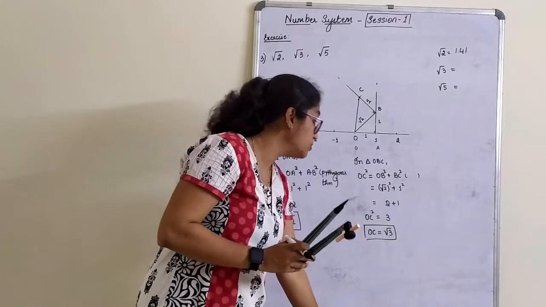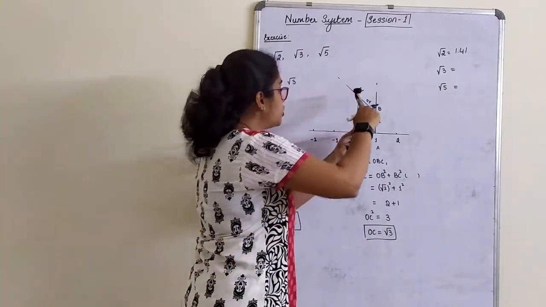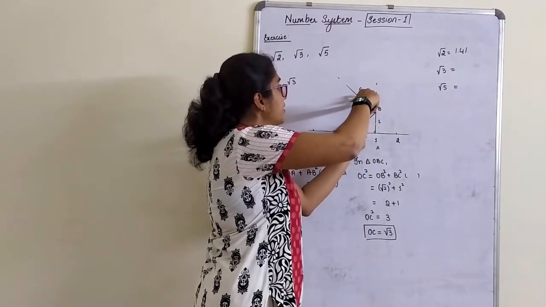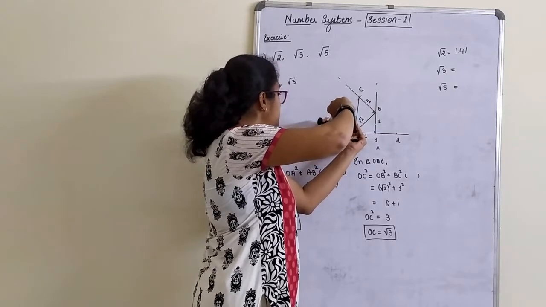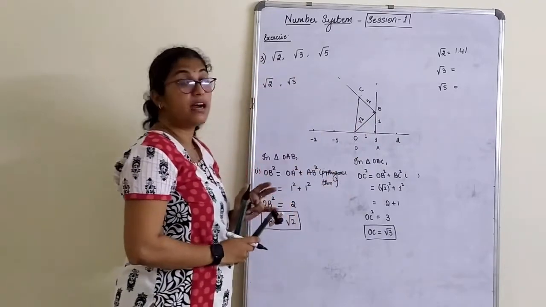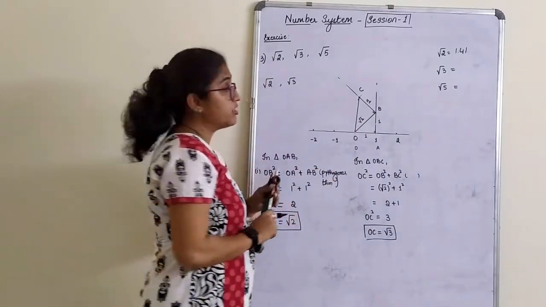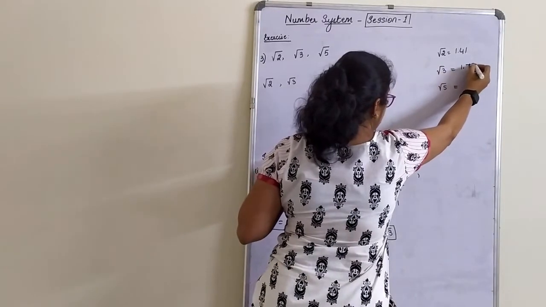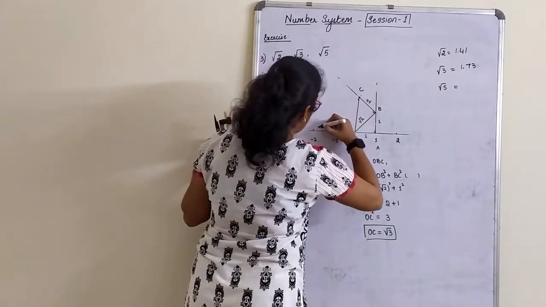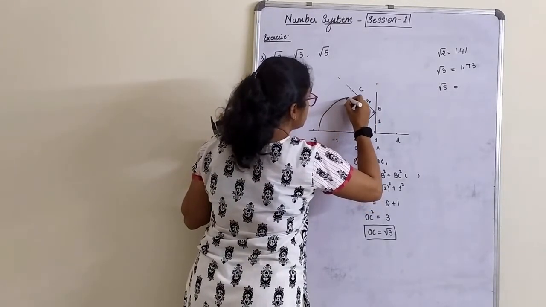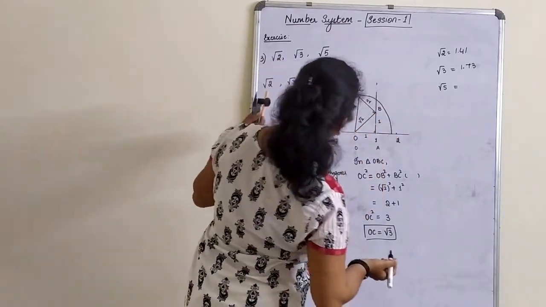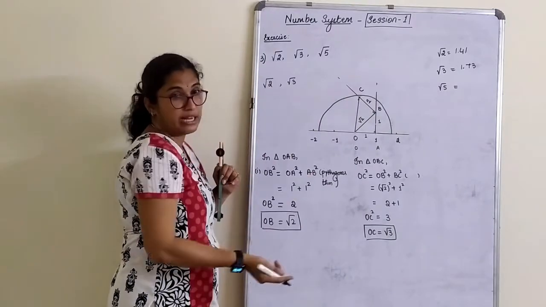So, now what will I do? I will take the compass and measure for OC. How much is it? Okay, I got it here. I take the compass, cut it, and I get an arc. So, the root 3 measurement is 1.73. Okay, so if it is 1.73, an accurate arc I will not be drawing because mine will be freehand drawing anyhow. It doesn't come accurately, but kindly adjust, and you will get an accurate arc.